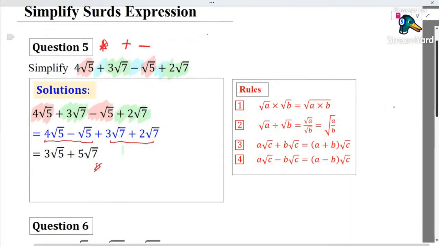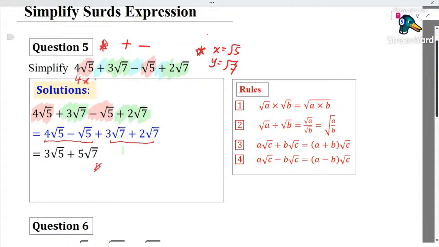Okay. Once again, if at this moment you are still blank and don't know how the plus and minus can go on, again, try to make use of substitution to help you. Let's say I have x equal to square root of 5. I have y equal to square root of 7. This whole thing here is actually 4x plus 3y minus x plus 2y.